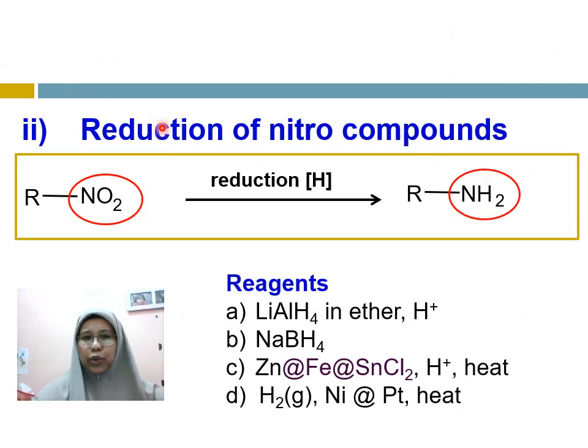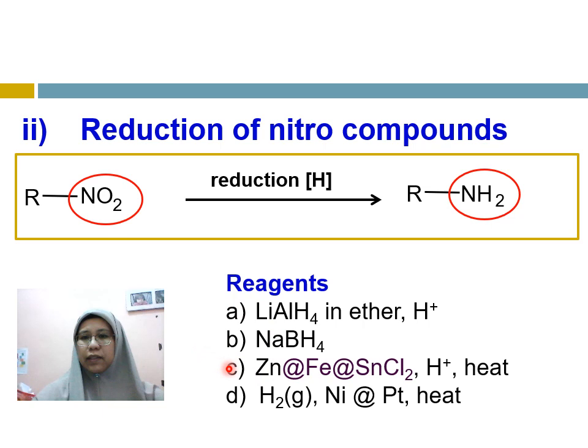The second reaction we're going to do is reduction of nitro compounds. Nitro compound is RNO2. Here, the nitro group is going to be reduced to become NH2, amino. So we're going to use any of these 4 reducing agents. You're familiar with all these 4.